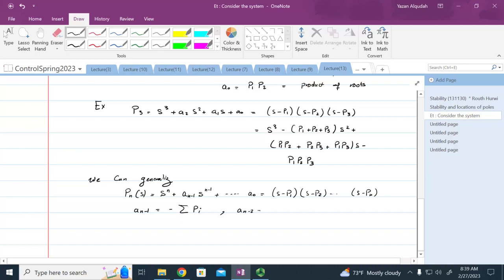A(n minus 2) is going to equal the summation of pi multiplied by pj, where i is not equal to j. And a0 is going to equal negative 1 to the power of n, p1, p2, all the way to pn.